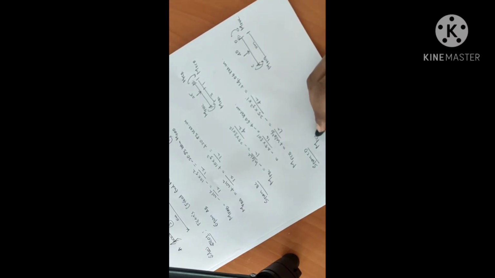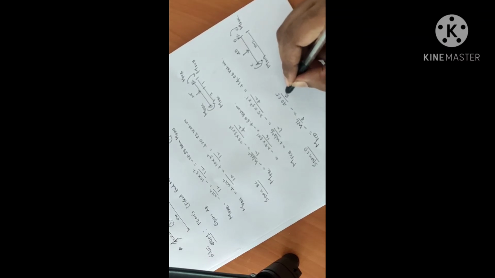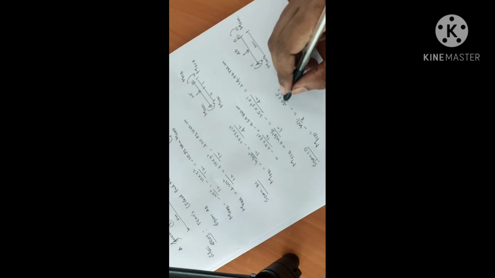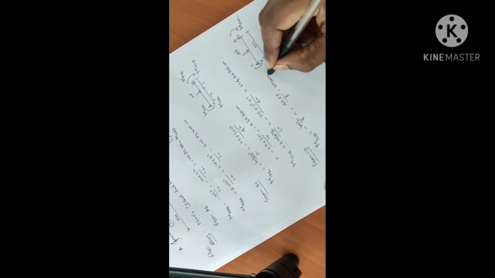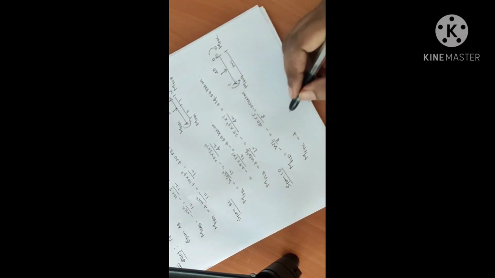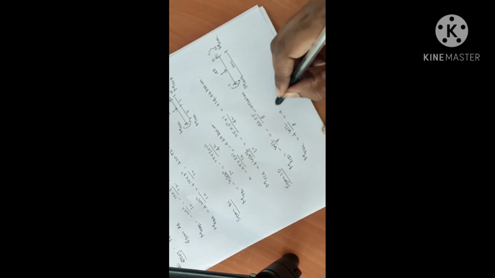MFCD will be, by the formula, WL by 8, minus 40 into 5 divided by 8.